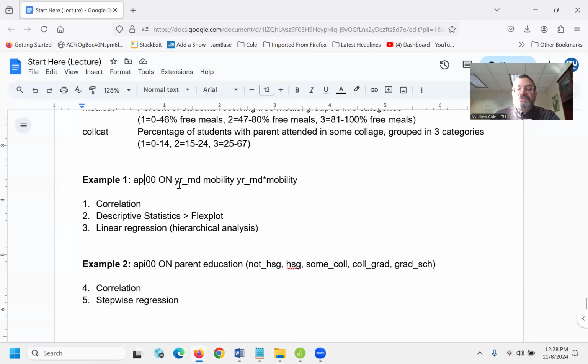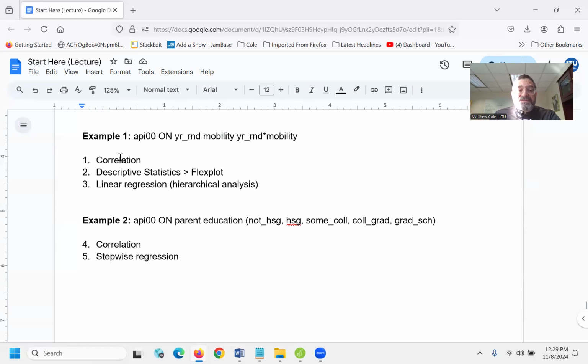In this case, we have two X variables, year-round and mobility, but we're also going to create an interaction term to see if there's some significant interaction occurring. So the three things that we'll want to generate are the correlation between all of the variables, the flex plot, and then the linear regression.